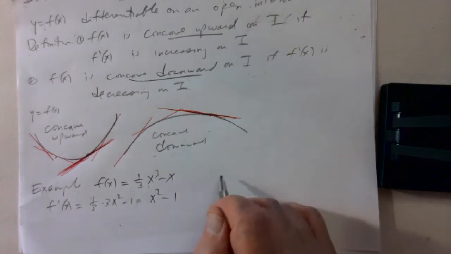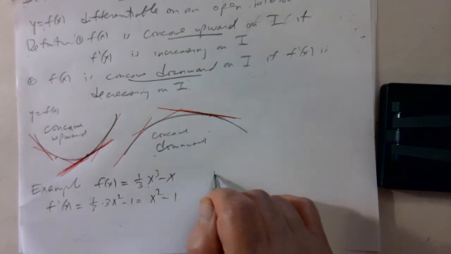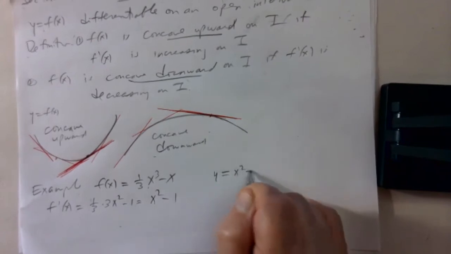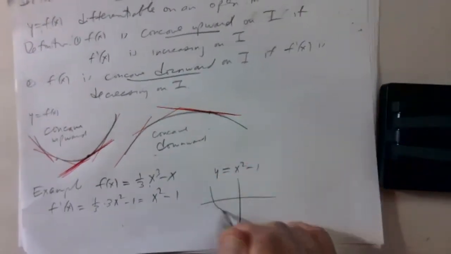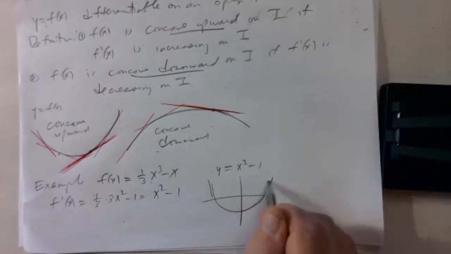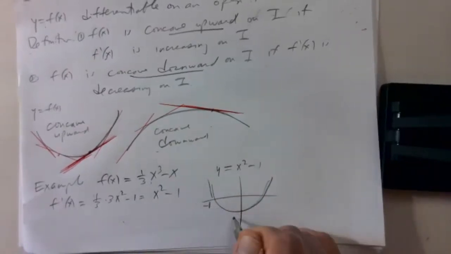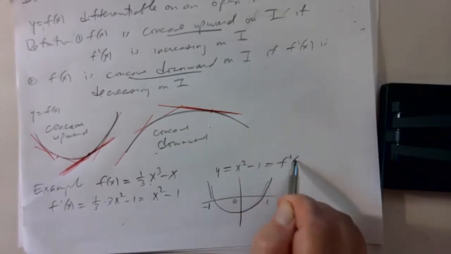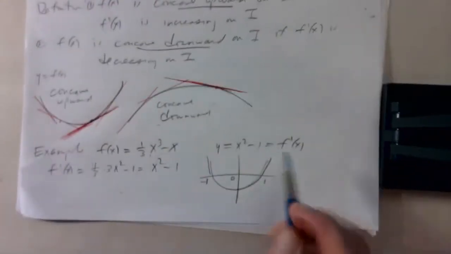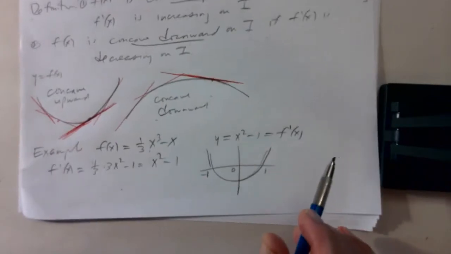What does the graph of the derivative look like? So if you look at y equal x squared minus 1, that's a parabola that looks like this. This is the graph of the derivative.